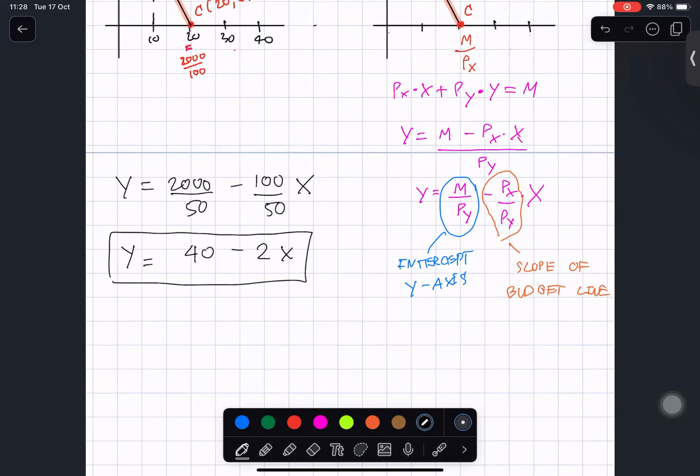The description is this. Y equal to 40. 40 is an intercept, vertical. Minus slope of the line is minus 2.